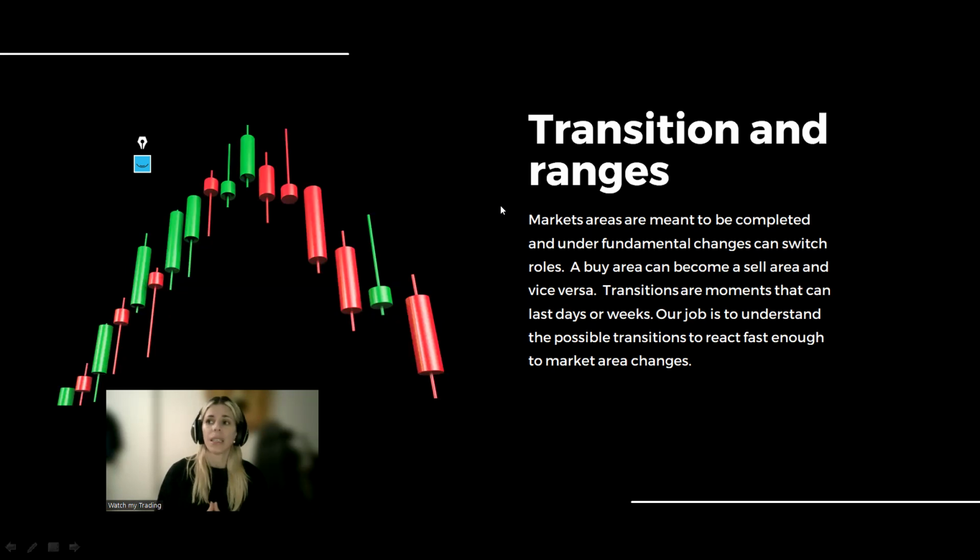But again, the S&P and the NASDAQ are not market area instruments. Those are trend instruments. Remember, we talked about it. The trend instruments always tend to go up, all indexes. But what happens when we have a crisis? We have a reset in the economy.